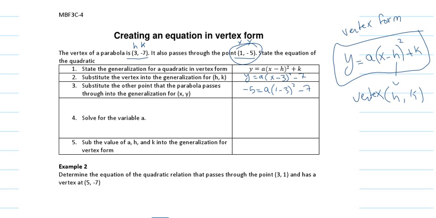BEDMAS tells me that I have to do the bracket. And then after I do the brackets, I'm going to have to do the exponents. So it's going to be 4a minus 7. Are you guys okay with this? Negative 2 squared is positive 4.